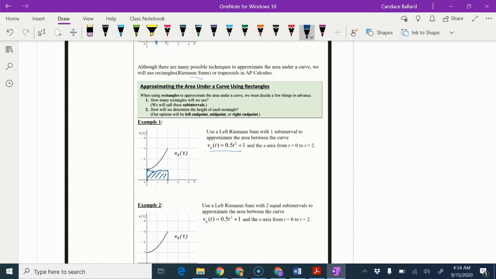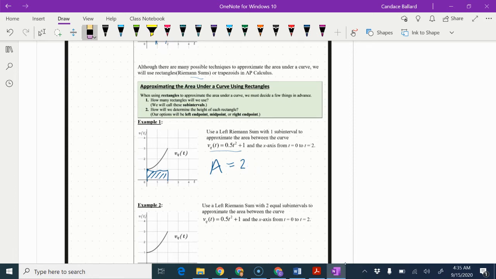So I would go ahead and find the area equals. I could put it into this formula, that's totally fine. I can also just grab it off of the picture this time. So I know that my area equals the base of my rectangle, 2, times the height of my rectangle, 1, which is just going to be, actually I should put it into the function.